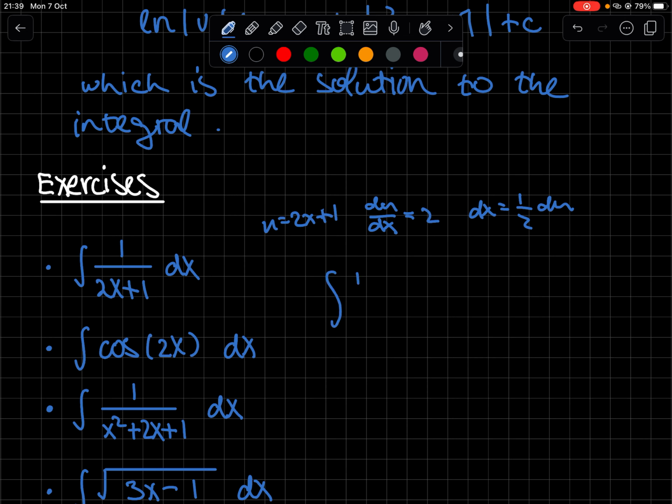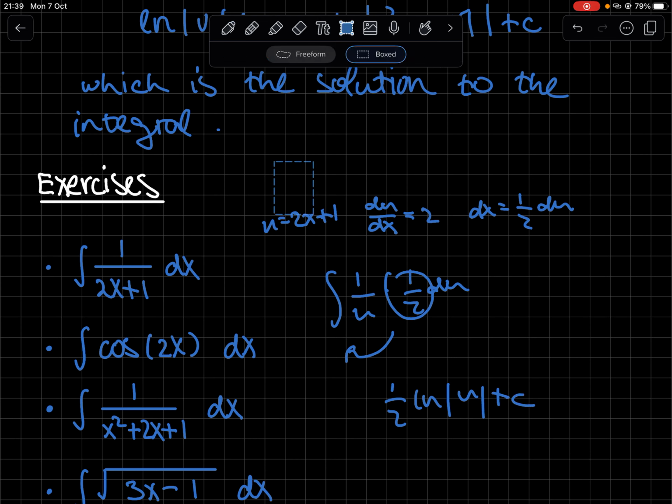So the integral becomes the integral of 1 over u, and then dx is 1/2 du. So we can bring the 1/2 out front. We get 1/2 times the integral of 1 over u du, which gives us ln of u plus c.